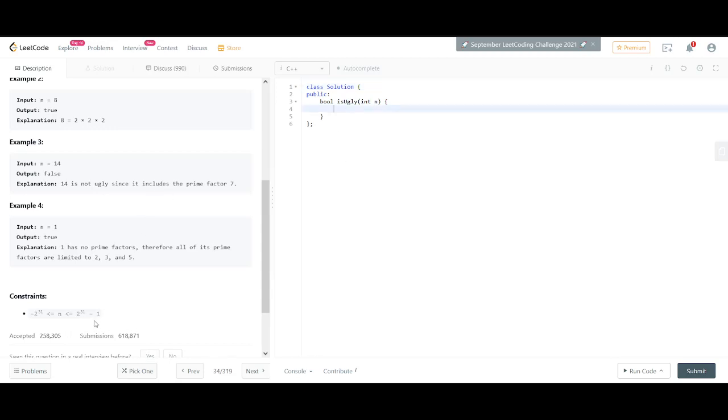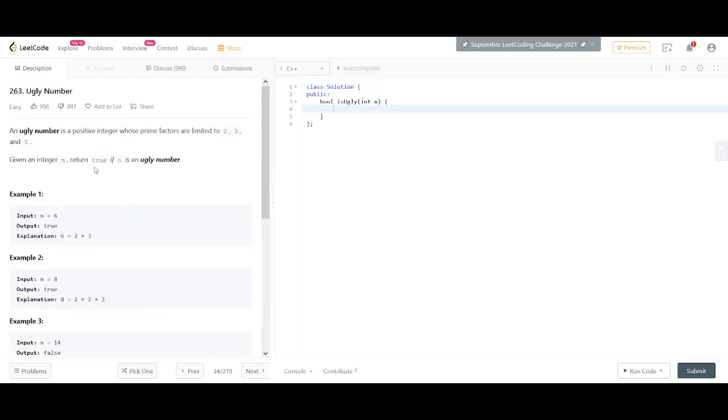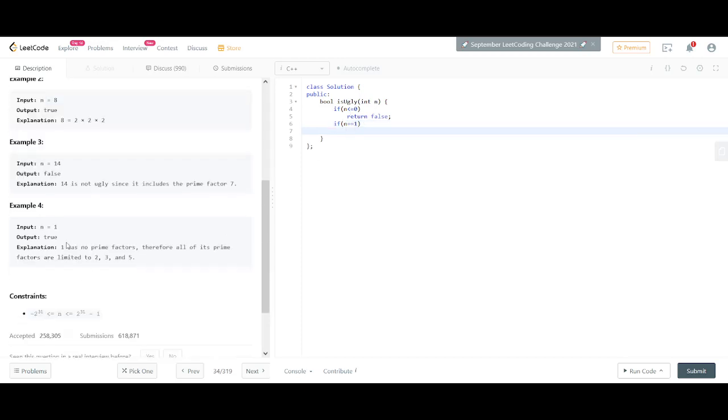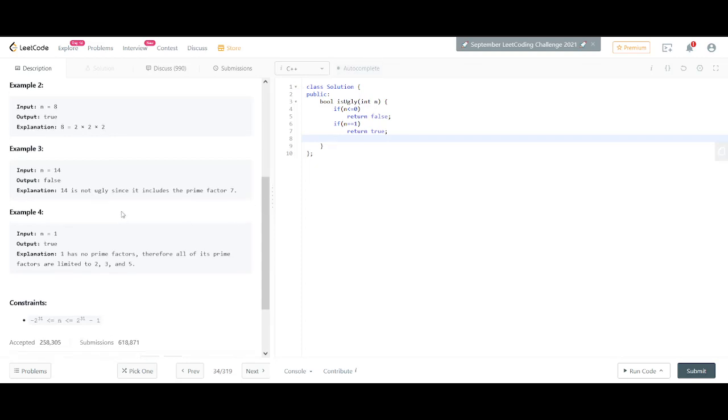Okay, so I can see that an ugly number is a positive integer, so there might be conditions like if n is less than or equal to 0, I could simply return false. If n equal to 1, I could simply return true. And I could just generalize and calculate for the rest of the values.